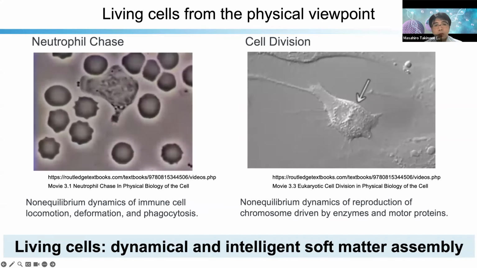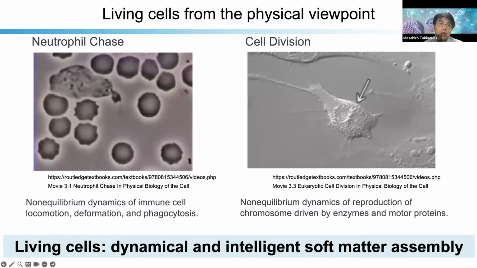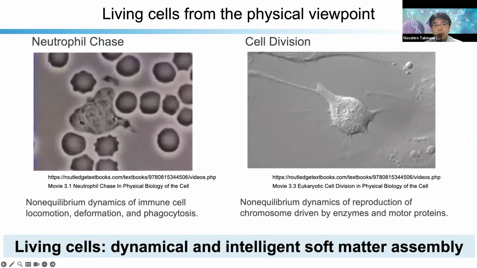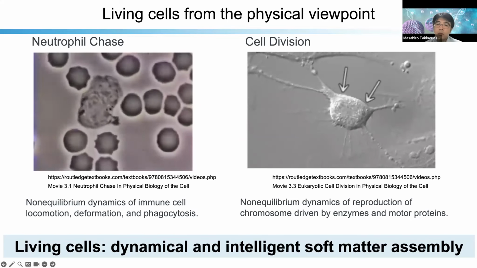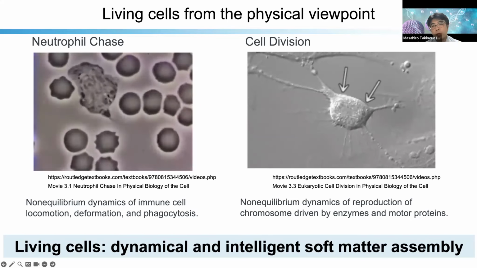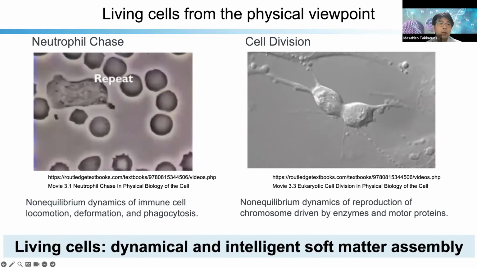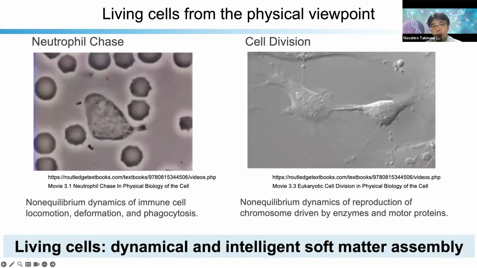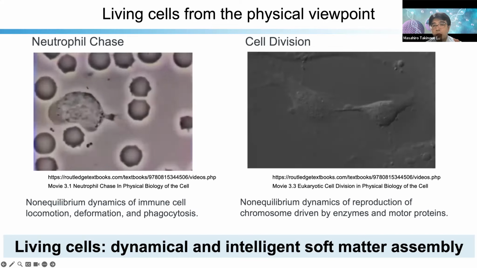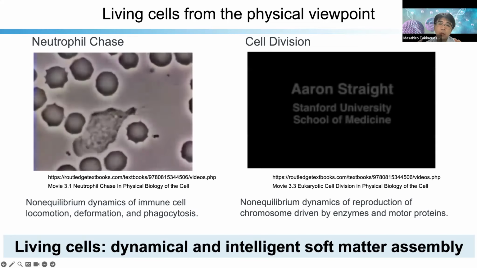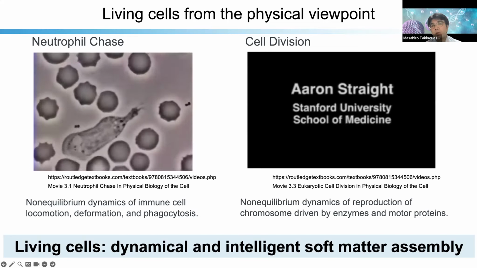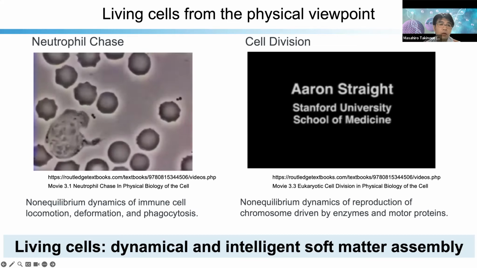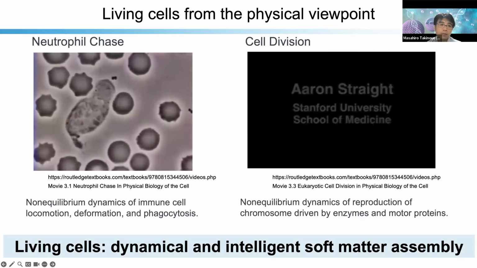The right one is cell division. This shows the non-equilibrium dynamics of cell reproduction driven by enzymes and motor proteins. So what we can understand from these examples is that living cells are dynamical, soft, and fluidic biomolecular assemblies with intelligence.